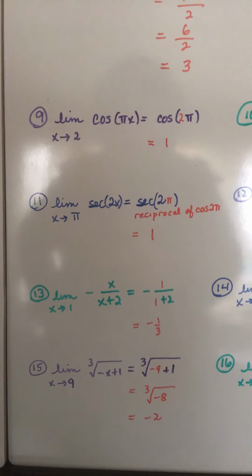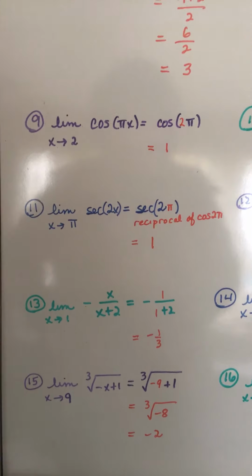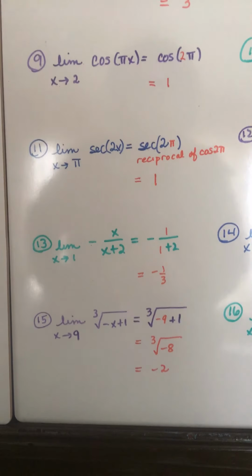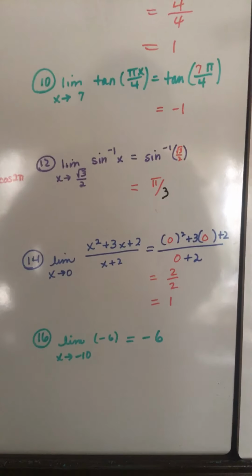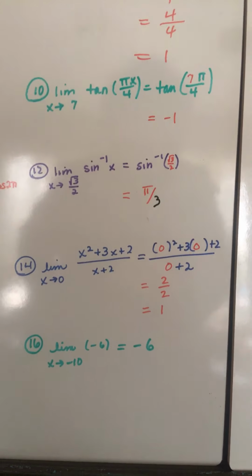And then, limit as x approaches 1, directly substitute, negative 1/3 is the limit. The limit as x approaches 0 of this quantity, directly substitute, I get 1. The limit as x approaches 9 of the cube root of negative x plus 1, directly substitute, I get negative 2. And the limit, my favorite, as x approaches negative 10 of negative 6 is negative 6.